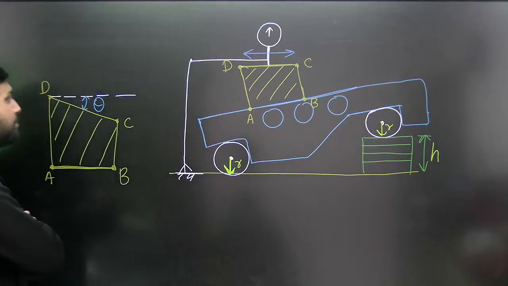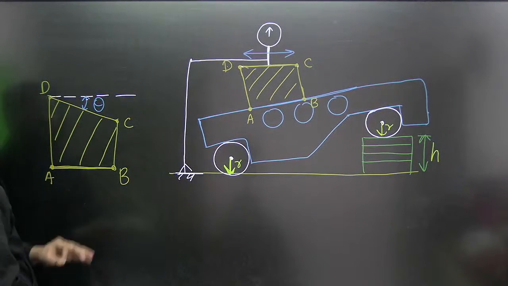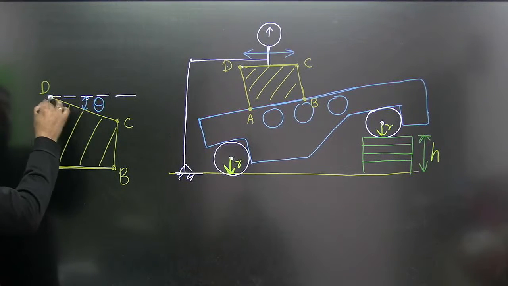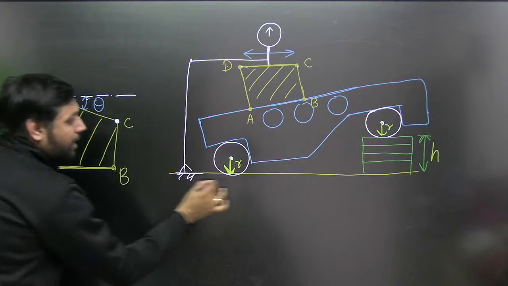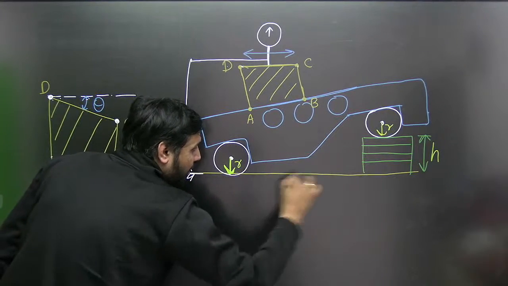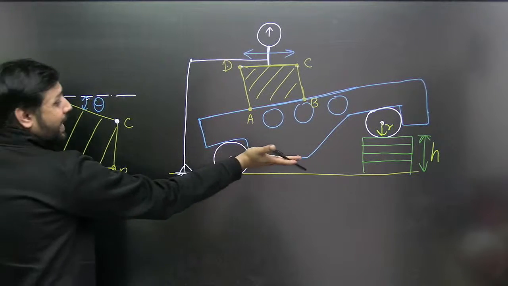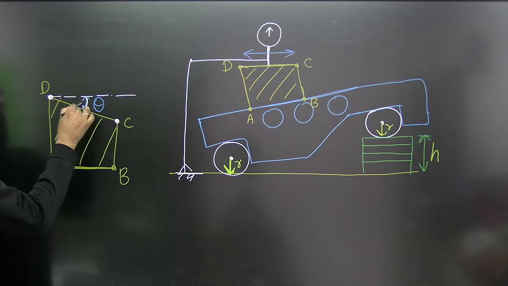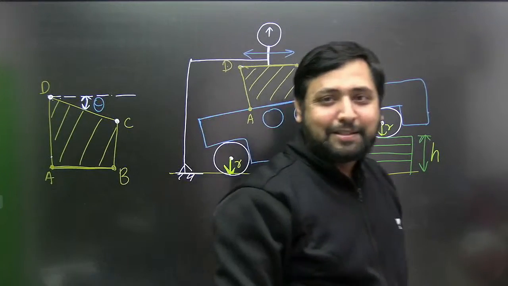And when exactly is this possible? If this angle is theta, think carefully, when will DC become parallel to the bottom surface? This is only possible when the sine bar is tilted by an angle equal to theta, isn't it? Then only it is possible.